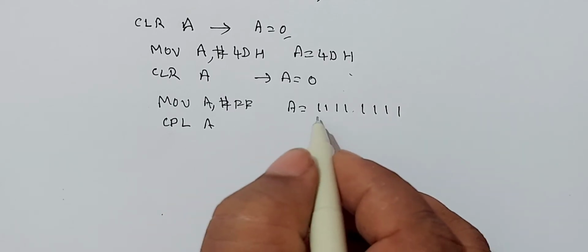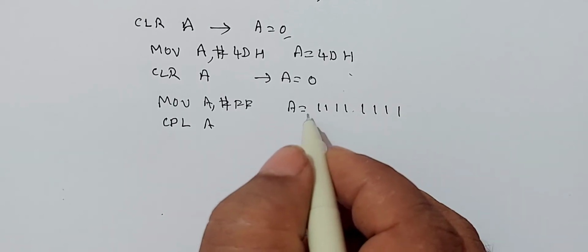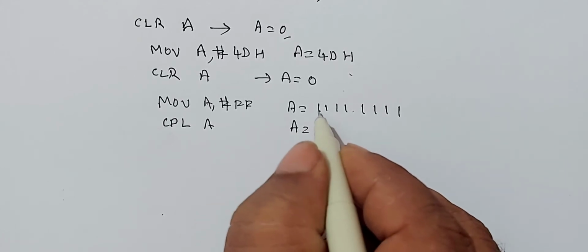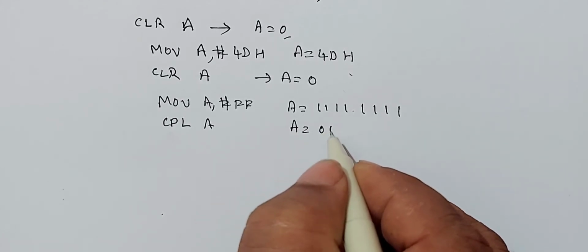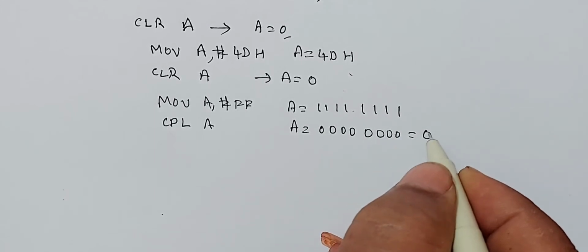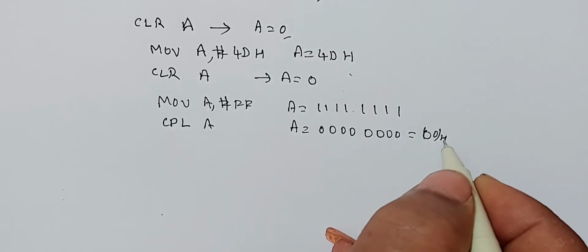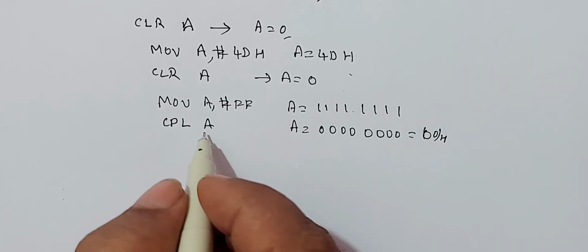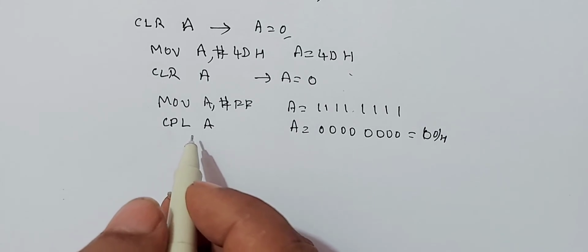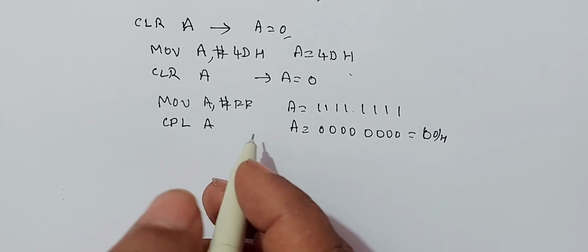Complement A means complement each bit of the content present in the register A. Then A is equal to the complement of 1 is 0, so 00000000. That is equal to 00H. Thus, the content of A becomes 0. So, this is one of the instructions to clear the content of A.